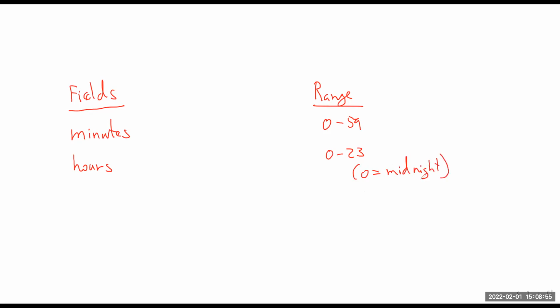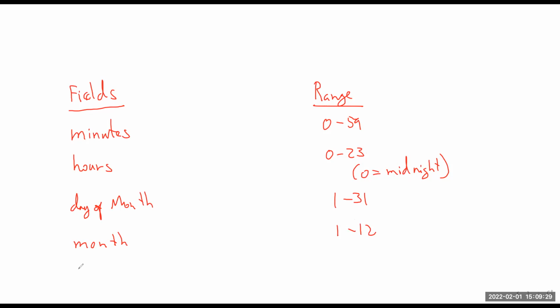You guys see that? And then day of the month. The range of values for this one is going to be 1 to 31, because some months have 31 days. Then the month itself, notice that it's not consistent, because the month goes from 1 to 12, whereas the hours go from 0 to 23. So keep that in mind.